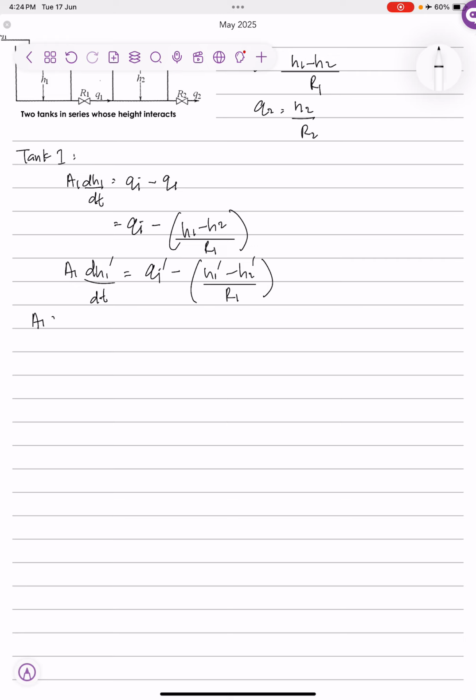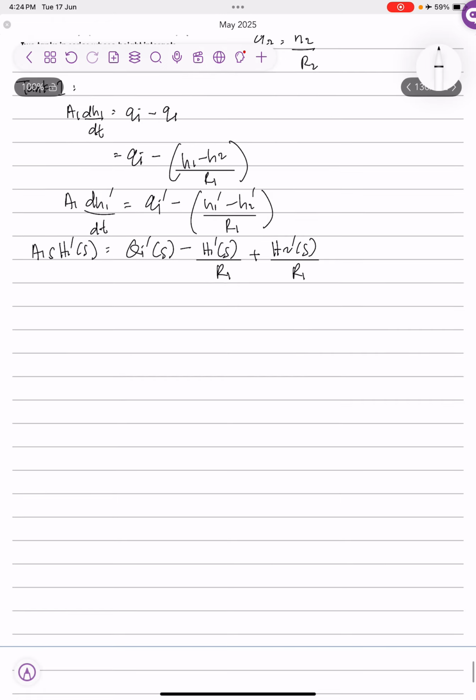You get A1 s H1'(s) equals Qi'(s) minus H1'(s)/R1 plus H2'(s)/R1. Then we bring H1 to one side and the rest to the other side, simplifying this.